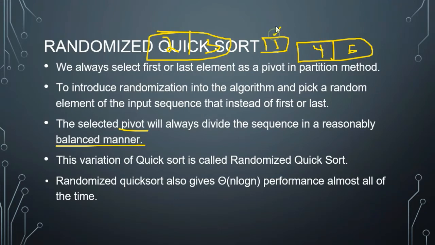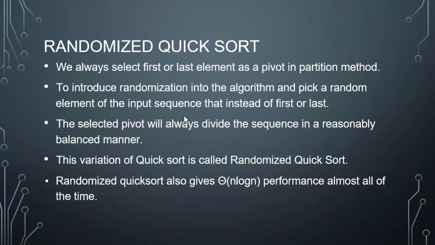So this variation is also called randomized quicksort, as mentioned above. It is a good technique. Randomized quicksort basically gives the average case scenario, so it will give n log n time complexity, which is the best time complexity of quicksort.